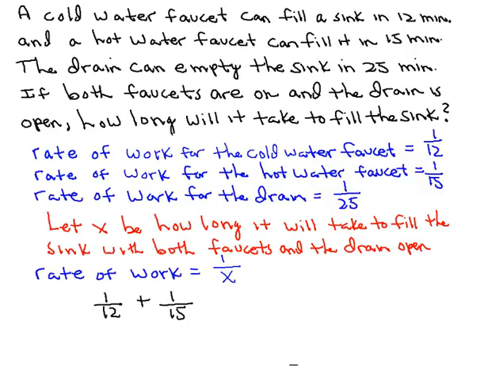But with the drain being open, it's actually countering the filling of the sink, so we need to subtract its rate, which is 1 over 25. And with all of those operating, that would be equal to the rate of work with both faucets and the drain open. So that will be our equation, and we'll next set out to solve it.